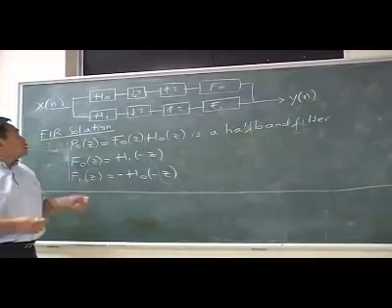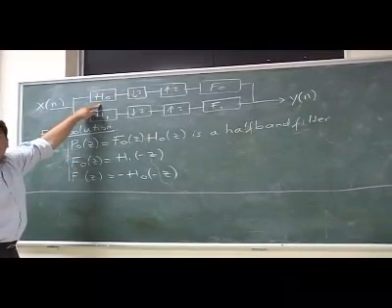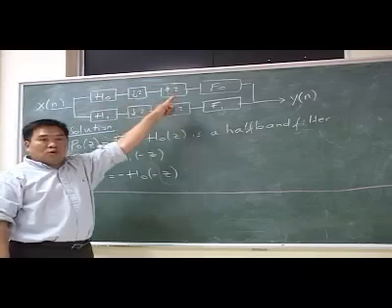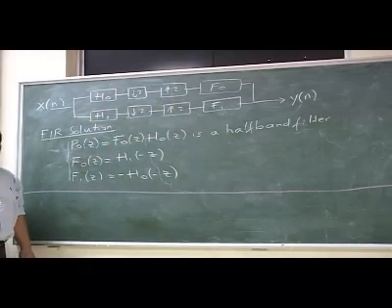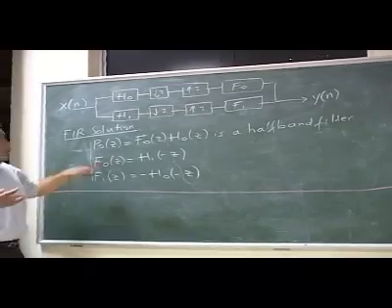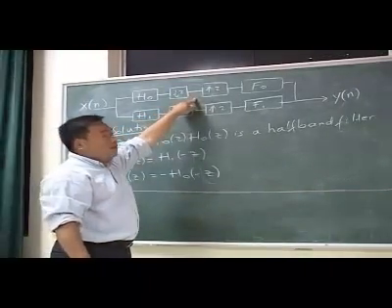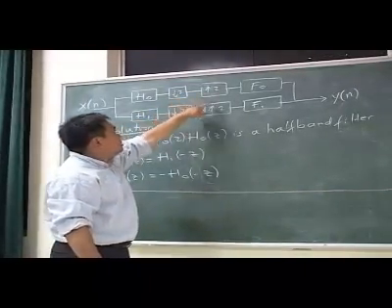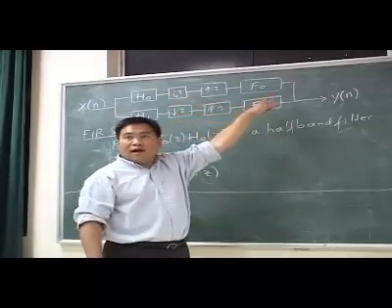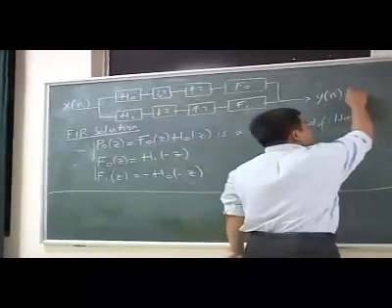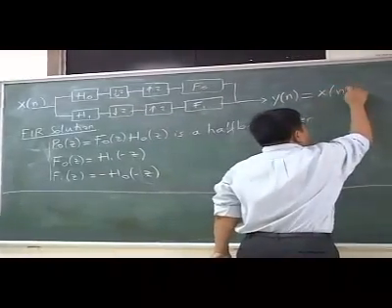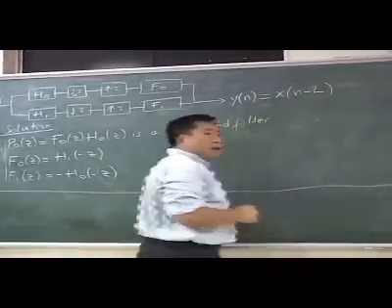We know that if this is an ideal filter, then there's no aliasing, no distortion whatsoever. But if we have a practical filter, then we have aliasing here. So we have aliasing, imaging, distortion, and so on. How do we find these four filters such that the output is a copy of the input, and we allow some delay?